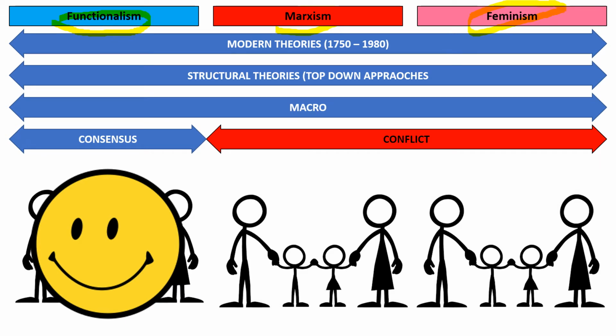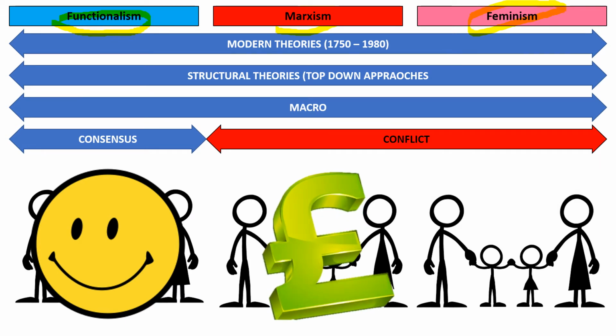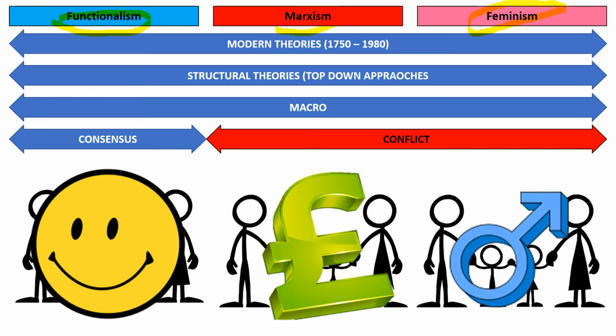Within Marxism, it's capitalism that is the main beneficiary of the nuclear family, and as you would have guessed, within feminism, patriarchy is the main beneficiary. So although these theories have some common grounds and some common ideas, there are some key differences between them. That's what we're going to explore in this short session.